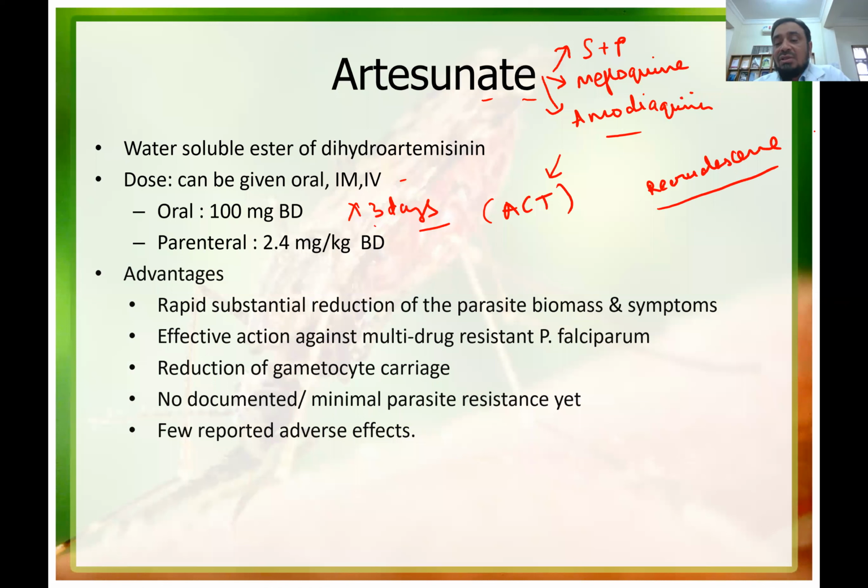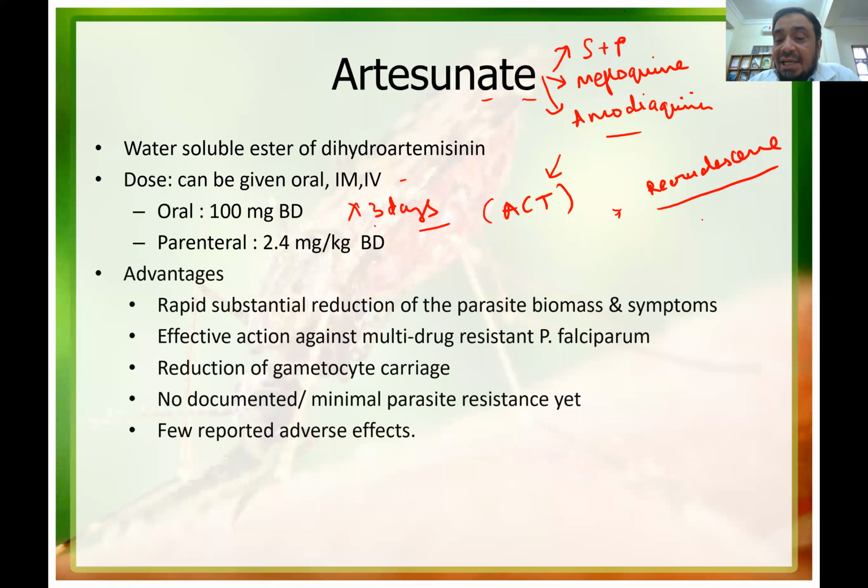What is recrudescence? One thing is relapse. Relapse is because of hypnozoites and is seen only in cases of vivax and ovale malaria. Recrudescence is seen because of incomplete treatment. The trophozoite forms or the merozoites remain in the circulation and are not killed properly, and that leads to recrudescence.